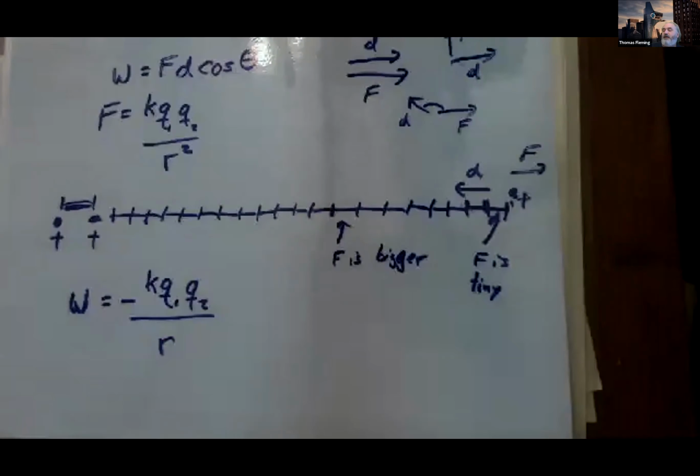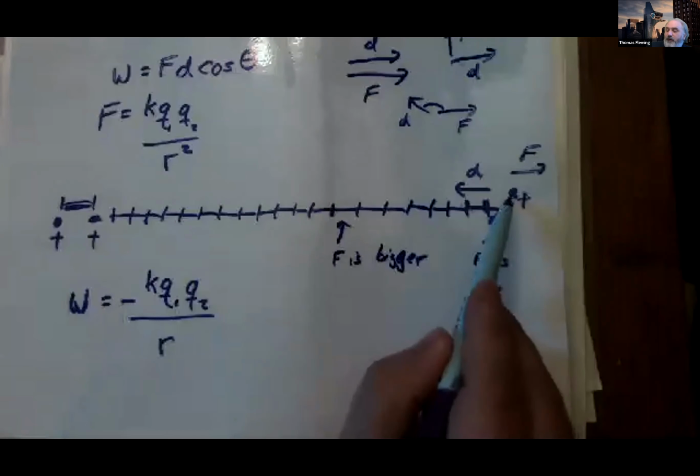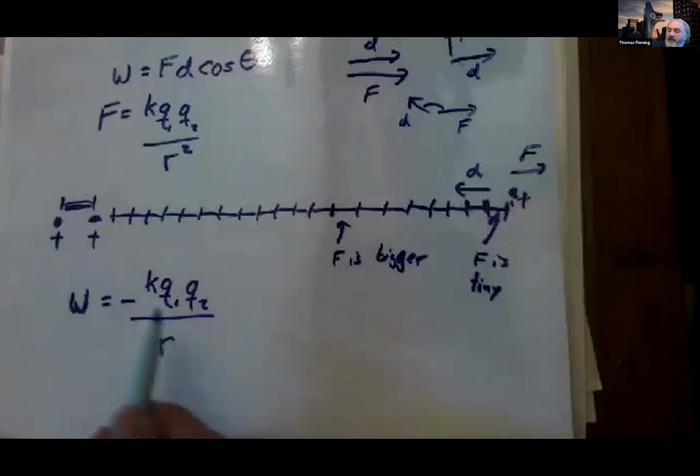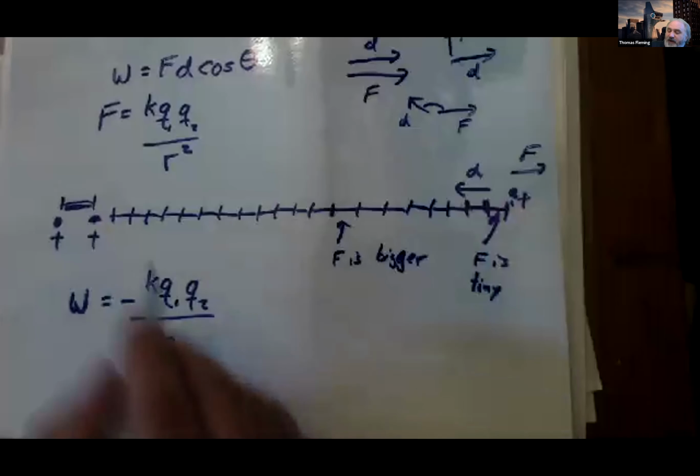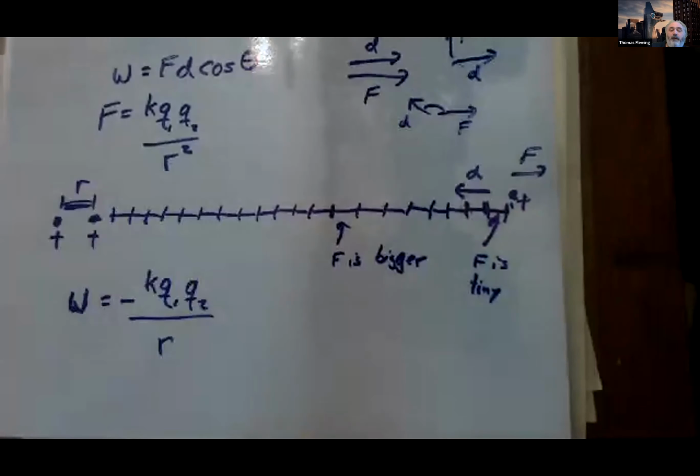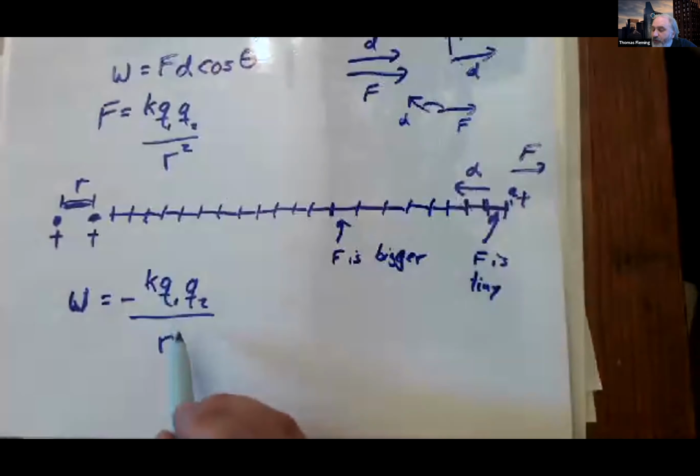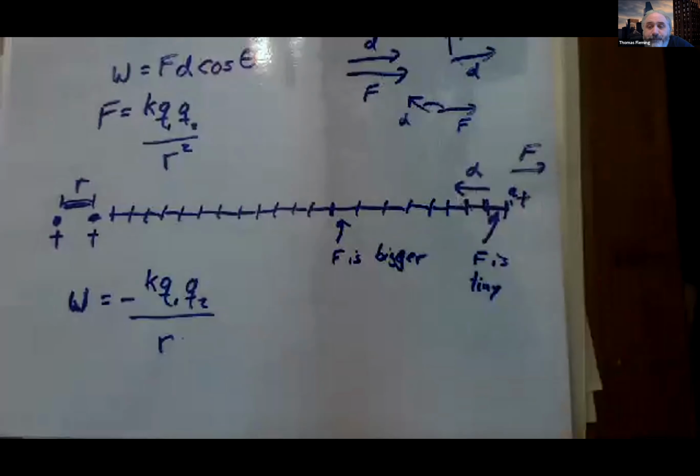So the work I did going from here to here is k times q1 times q2 divided by whatever final distance I have between the two charges. It looks just like the Coulomb force law, except the r is not squared on the bottom. Nifty.